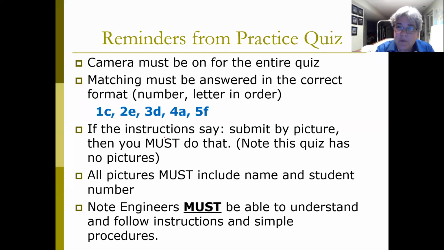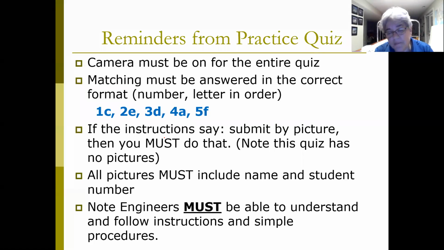There are established procedures and you have to be able to follow them. Okay, I'm not asking you to do anything that's hard, but these skills, following instructions, following the procedures, are critical for your major if you are going to be competent in your field. Okay, so I'm really serious. Follow my rules. That's just the way it's going to be.